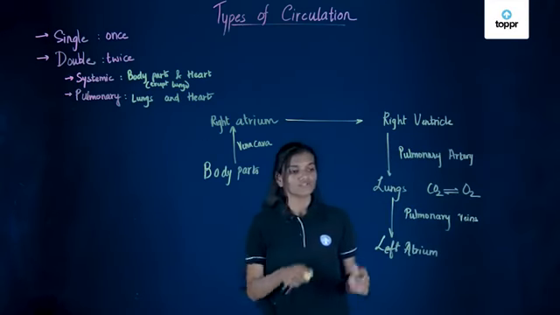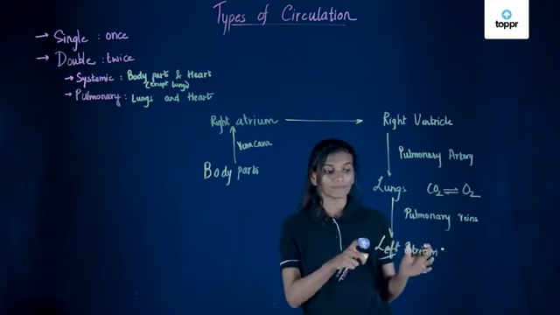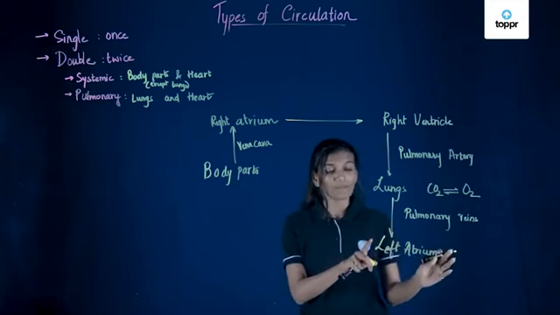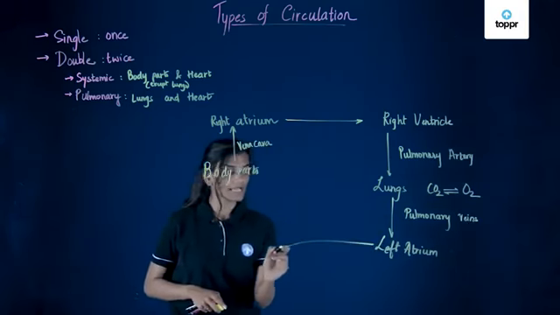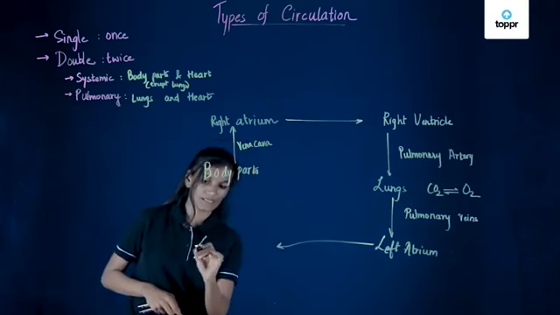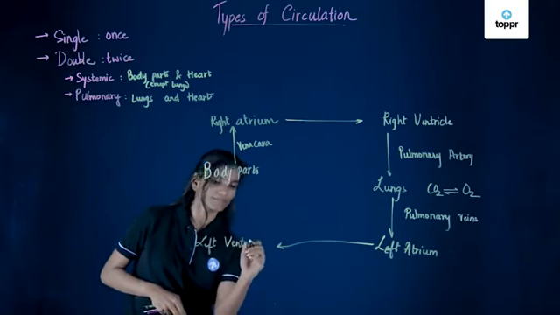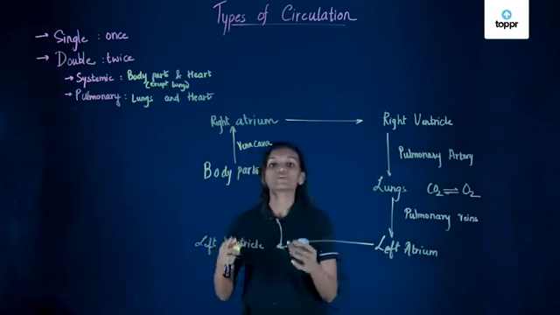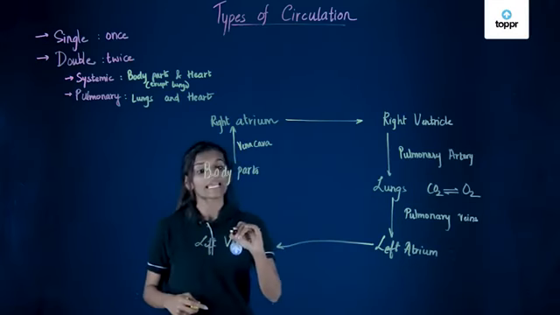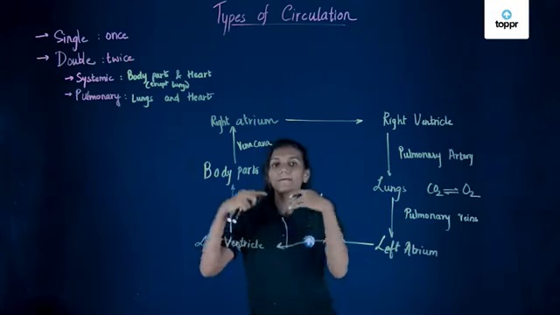Now we have the pure blood in the left atrium. From the left atrium, it is given to the left ventricle.